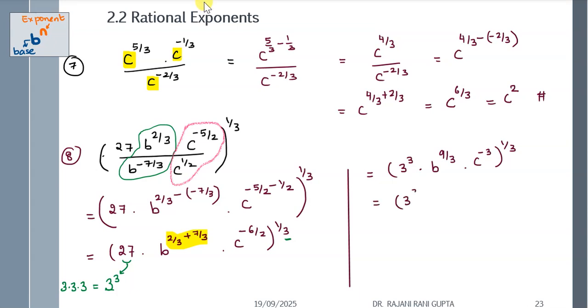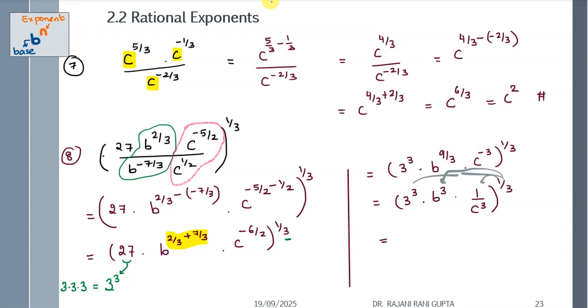So 3 power 3, b power 3. Since the power is negative for c, what we can do is we can write it as 1 over c power 3. This whole power 1 over 3. Now what you can do is distribute the power. This 1 over 3 will go with each term.